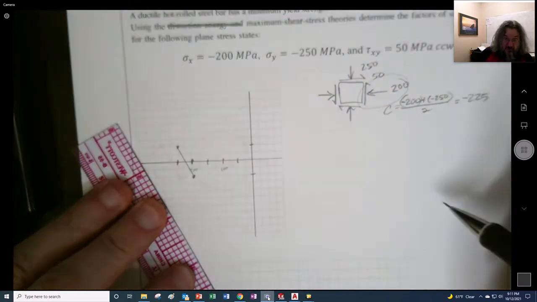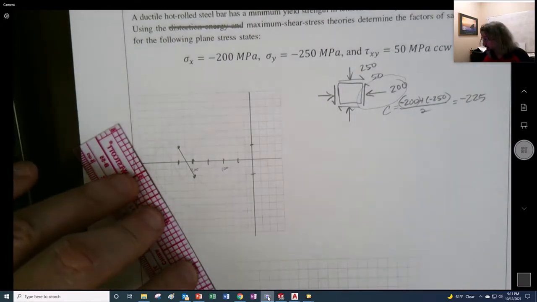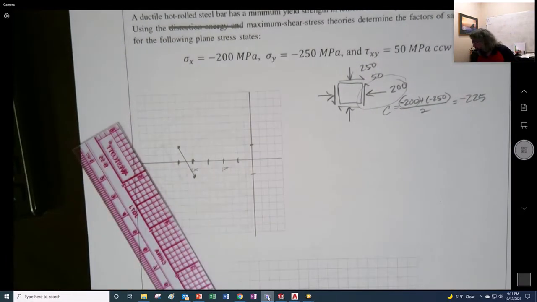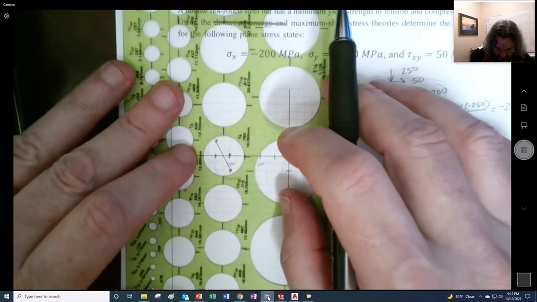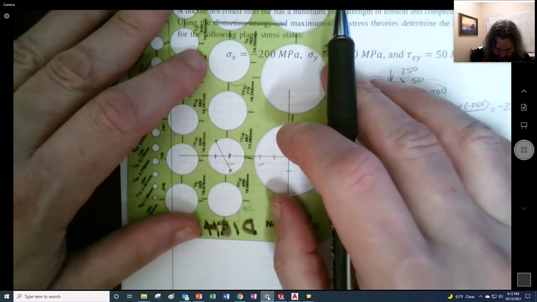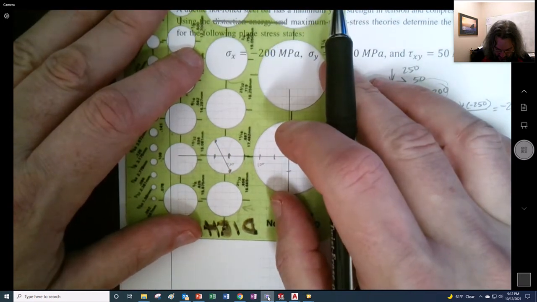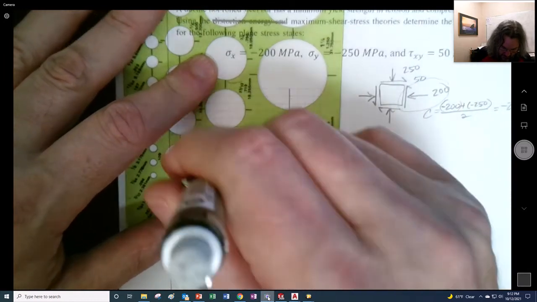There you go. All right, and so I can't even make my compass go that small. I'm doing itty bitty, but let's see. We can get kind of closer. Is that one? No, let's go with that one. Sorry. All right, that looks pretty good. So we get that one lined up.